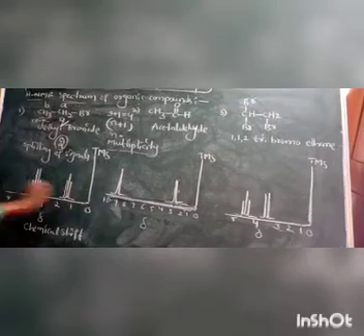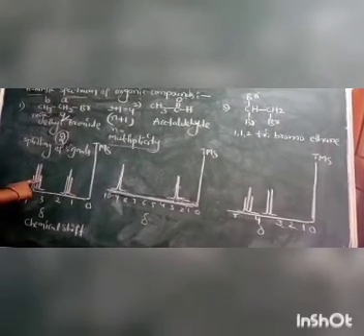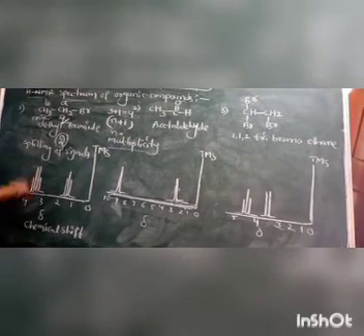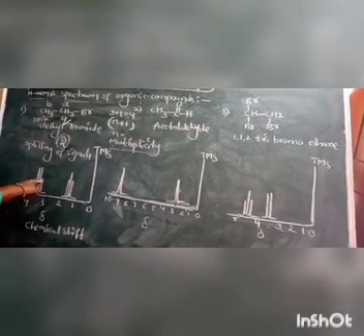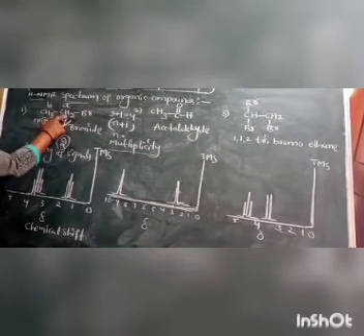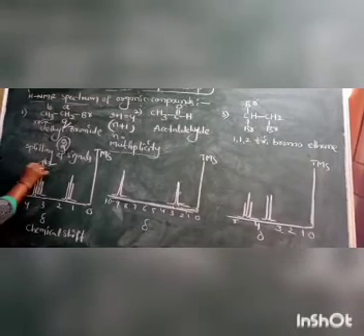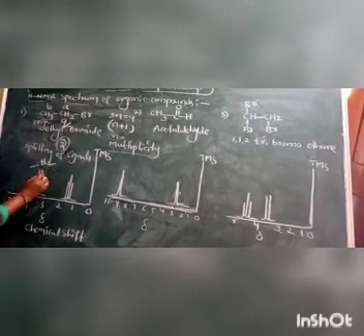Let us see the spectrum. In this spectrum, 1, 2, 3, 4 lines appear. So 4 lines is a quartet signal. For which type of protons? A type of protons, the 2 protons, the CH2 type of protons.